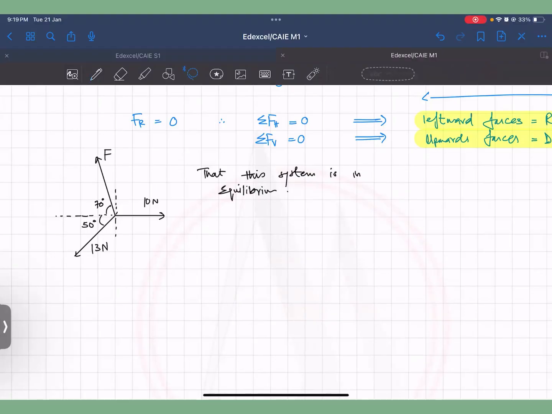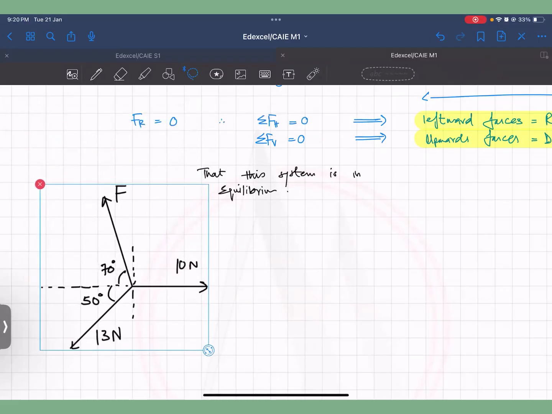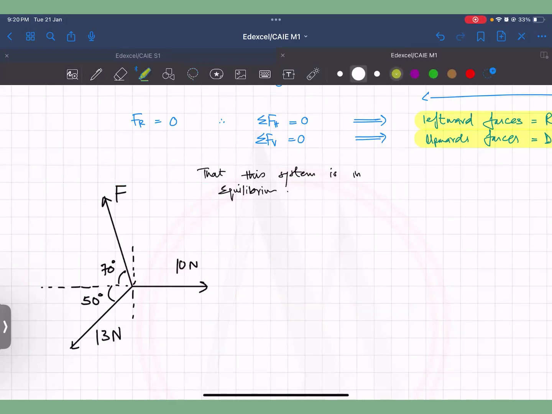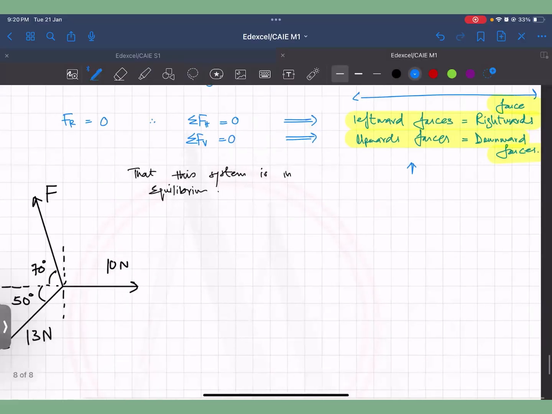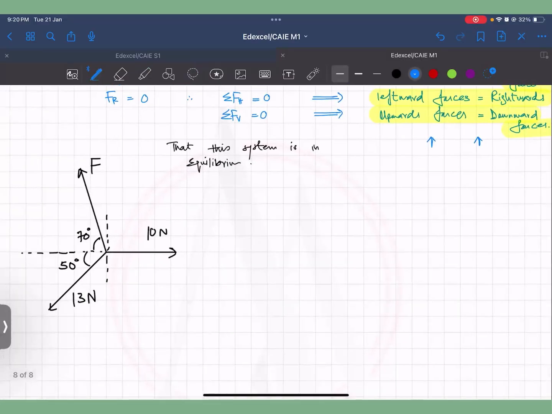So what do you do in this case? Let me resize it, make it larger. Okay, now you use this condition. First of all, you break down your forces again into the relevant components.